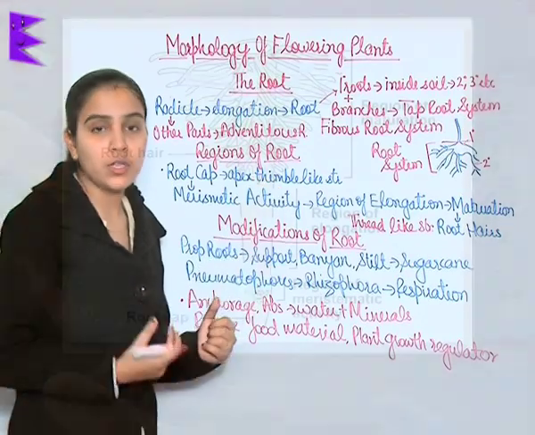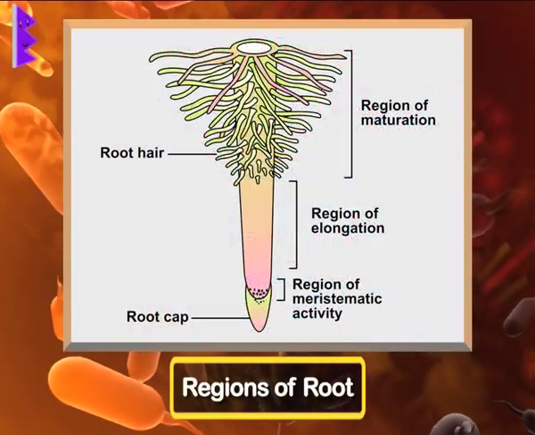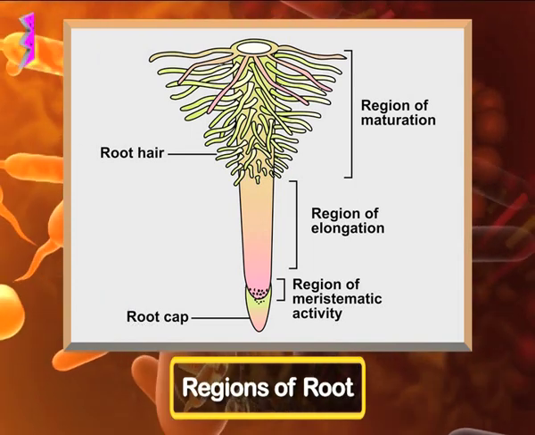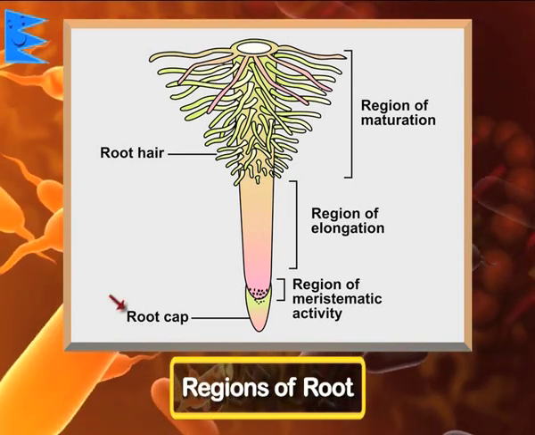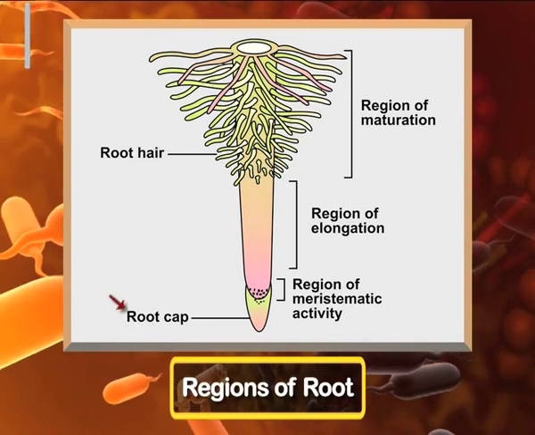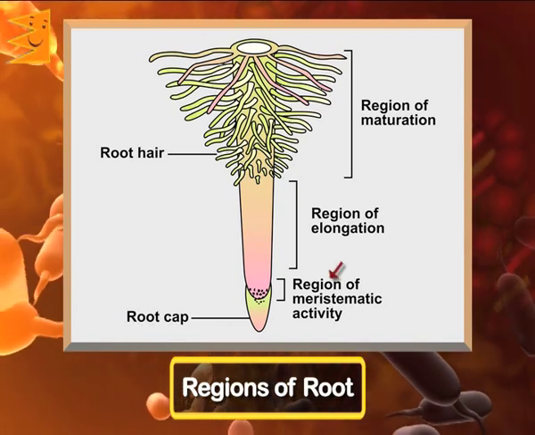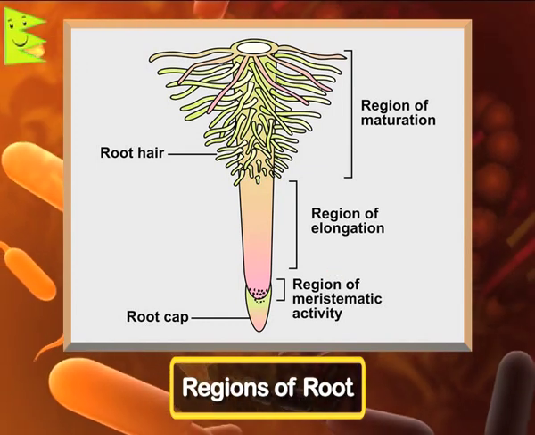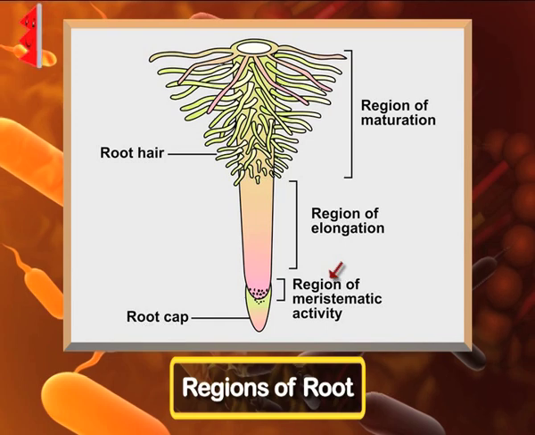Regions of the root: you can see in the diagram there is a root cap present on the apex. It's a thimble-like structure, and above this root cap is the region of meristematic activity, where cell division and differentiation take place.